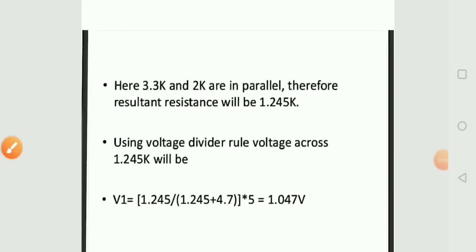According to the voltage divider rule, the voltage divided between two series resistors is directly proportional to their resistance.